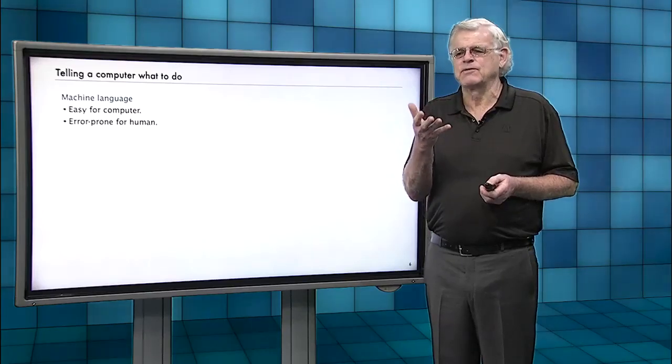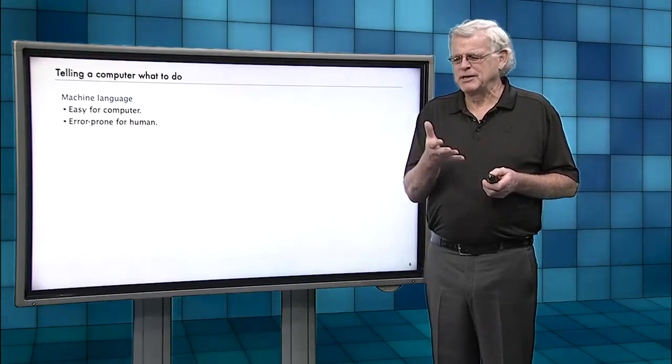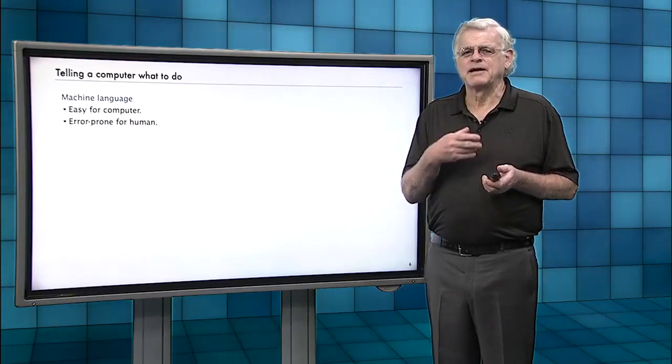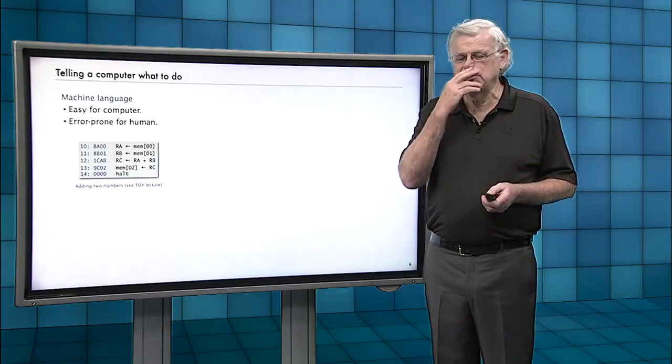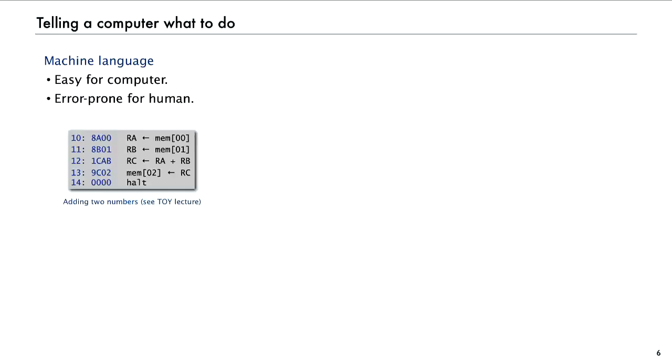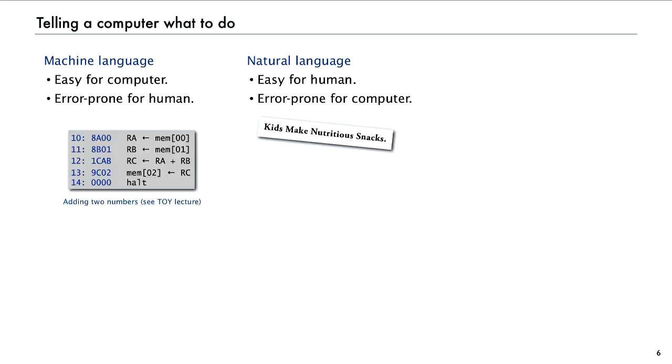It's very easy for the computer, but it's pretty detailed and very error-prone for a human to do. And this is the kind of code that illustrates machine language. This is to add 2 numbers. And we'll have a lecture on that in the second part of the course. There's natural language, as I mentioned. That's easy for the human, but that's pretty error-prone for the computer. And there's plenty of great examples of that.